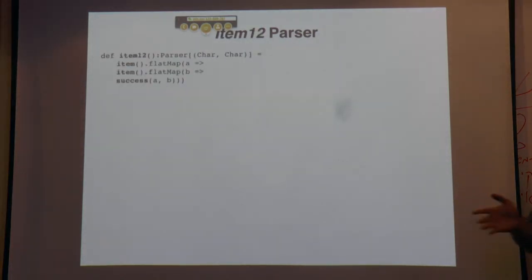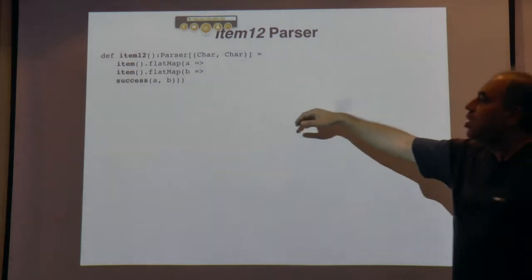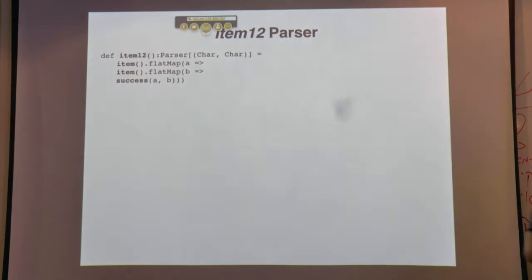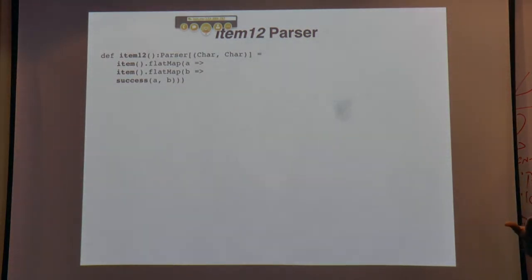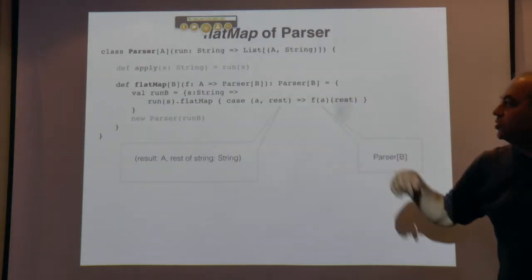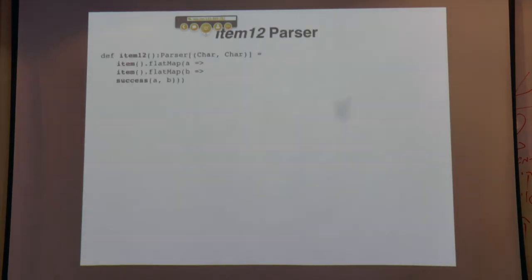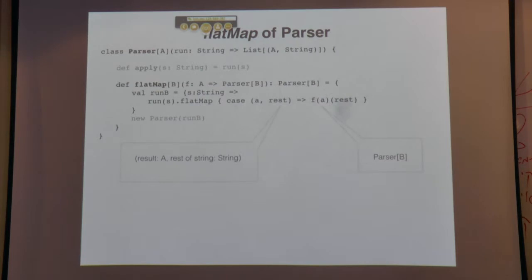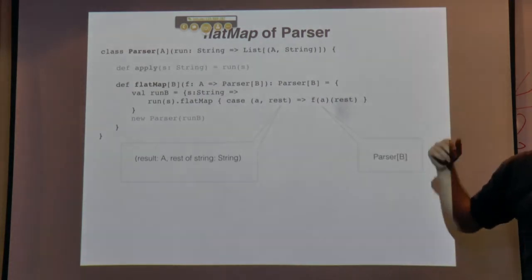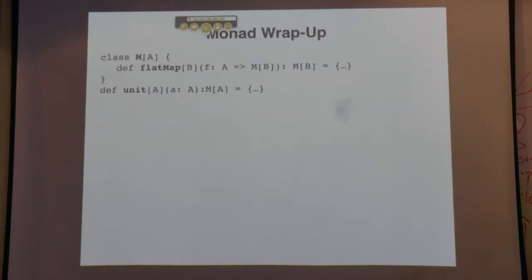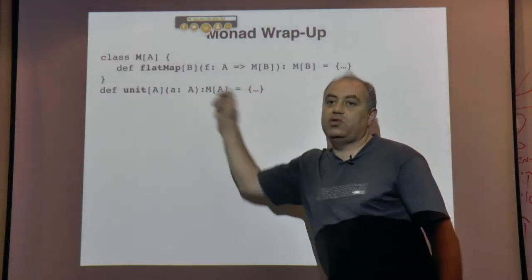Well, it's fine, but I'd like to code it with for comprehension. And in order to use for comprehension in Scala, I should define not just a flatMap, but also a map. By the way, a question: suppose I have a monad and I have a flatMap and unit.